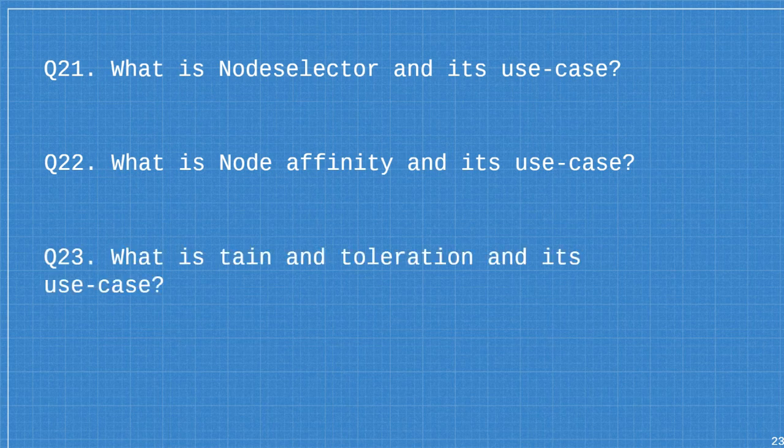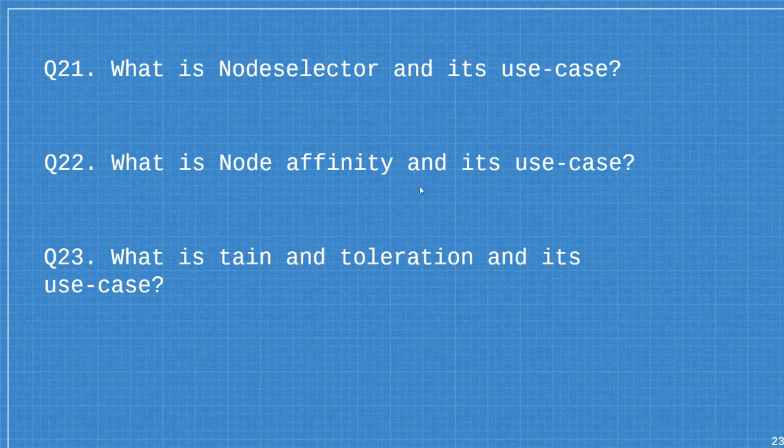So what is taint and toleration and its use case? Sorry for the spelling mistake, it's TAINT, taint and toleration. Say there is an instance which is very unique, with very high throughput or high memory available, and we want to reserve this instance for a particular application.